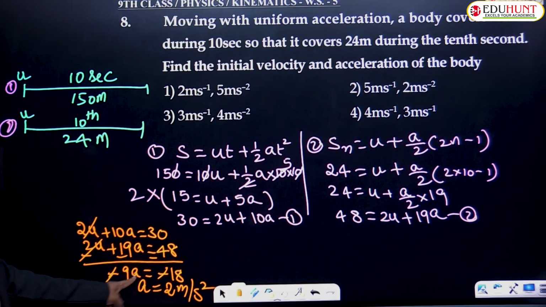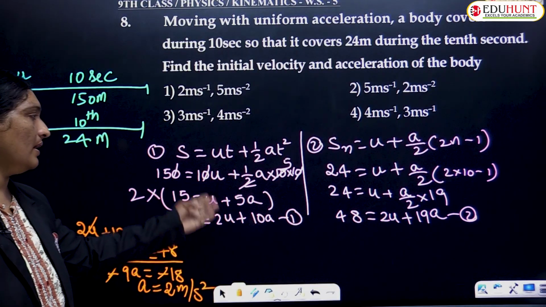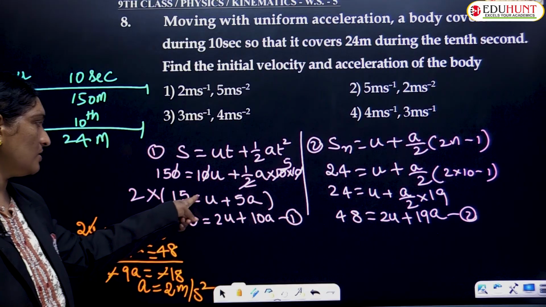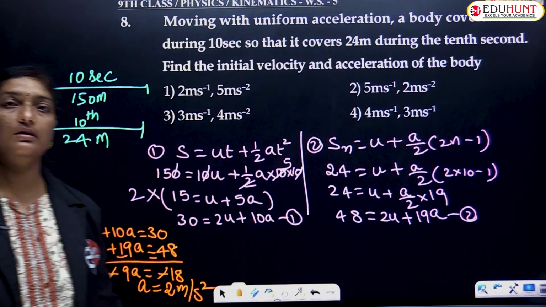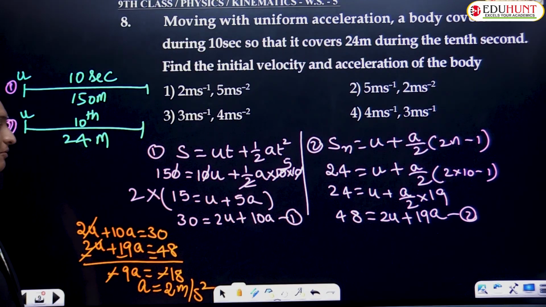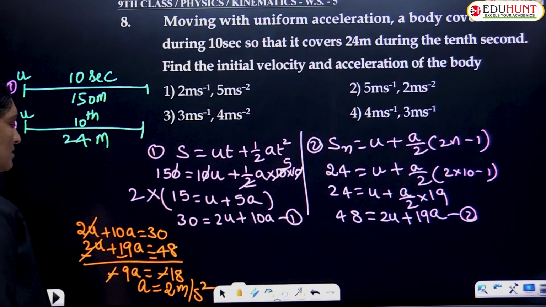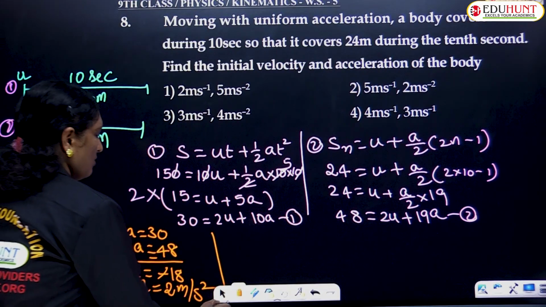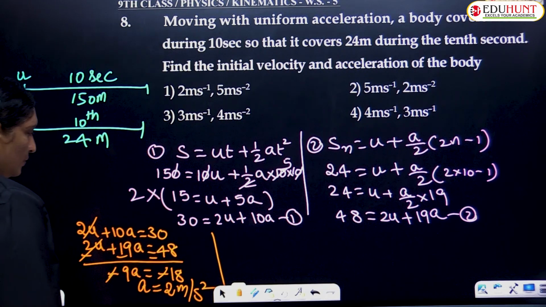So substituting the value of a in either of the above equations, you can find the value of u.